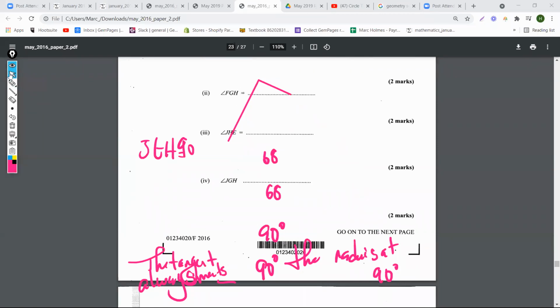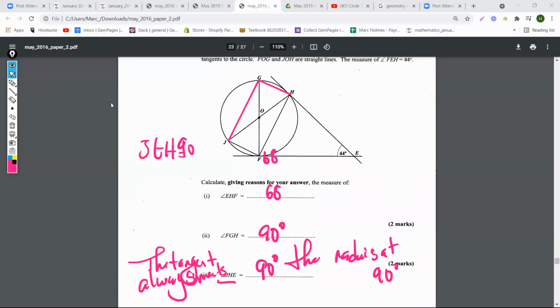If you notice, this is not a radius, it's a diameter. So here to here to here, that would have to be 90 degrees too. Does that make sense? So for this last one, J to G to H, the reason is angles in a semicircle form a 90-degree angle.